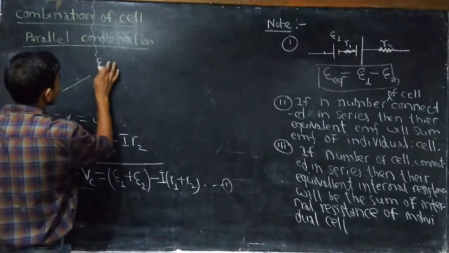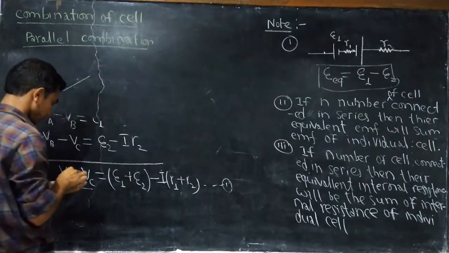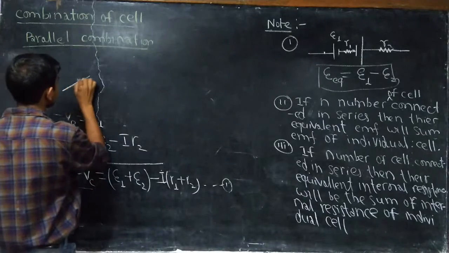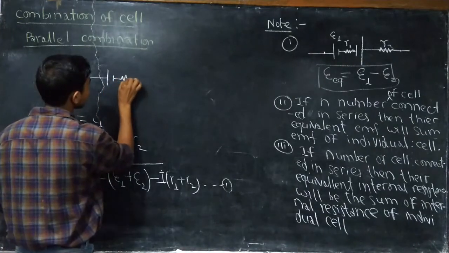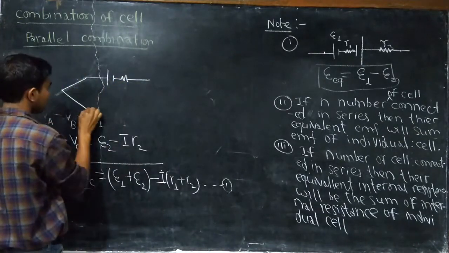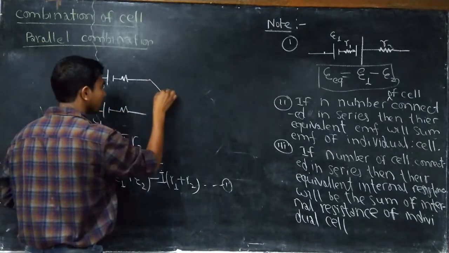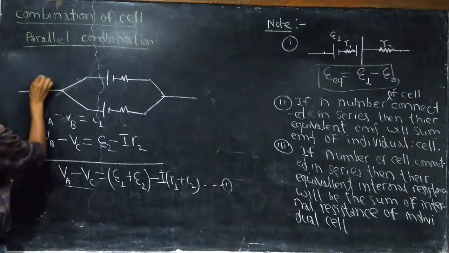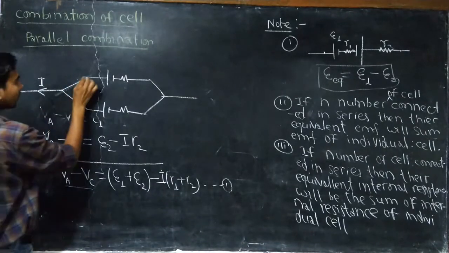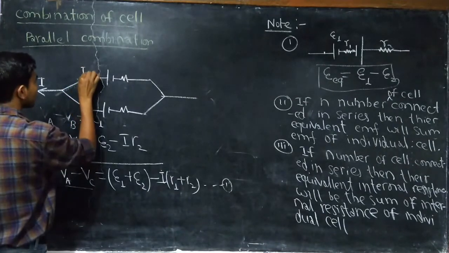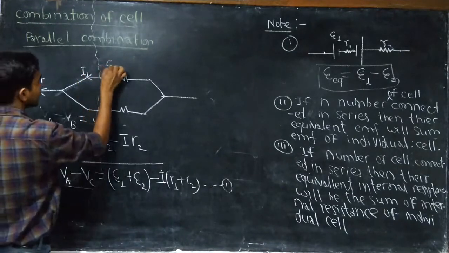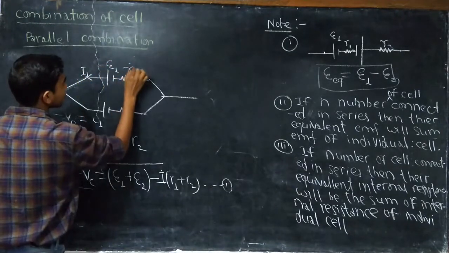So in parallel combination, cells are connected like this. This is your one cell and another cell is this one, right? And here current is I, and the current coming out of cell 1 is I1, and internal resistance is R1.